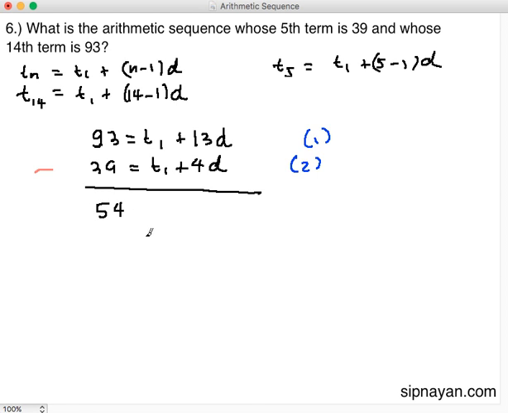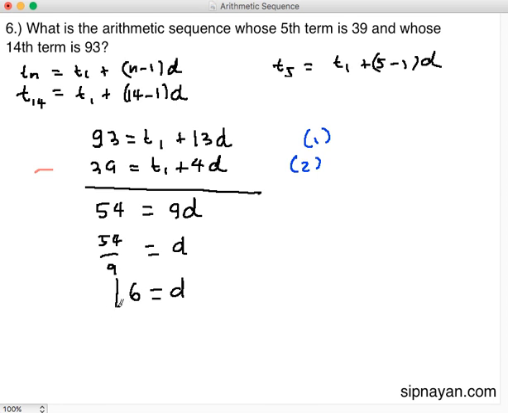This becomes 54 equals t sub 1 minus t sub 1 is 0. And then 13d minus 4d is 9d. Which means that d is, baliktarin na lang natin, d is 54 over 9. Which means that d is equal to 6.